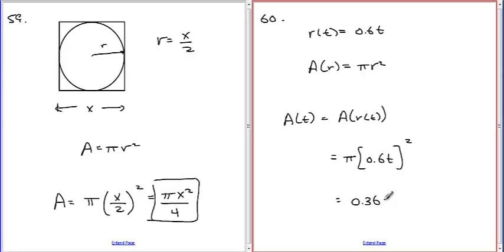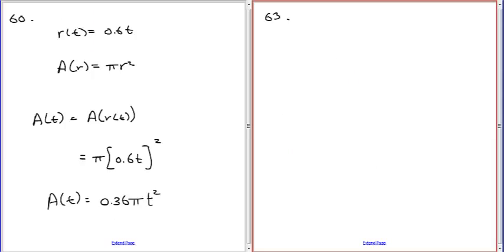You get 0.36 pi t squared. So that's the area as a function of time. That's the area as a function of radius. So it's a composite function, and in this case, t would have to be greater than 0. And therefore, r is greater than 0, which means that the area is always greater than 0.